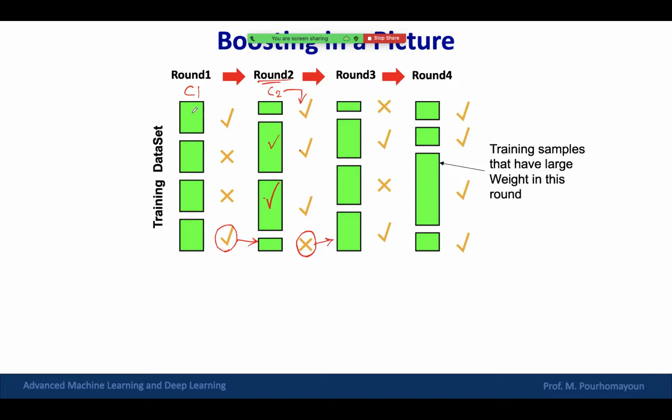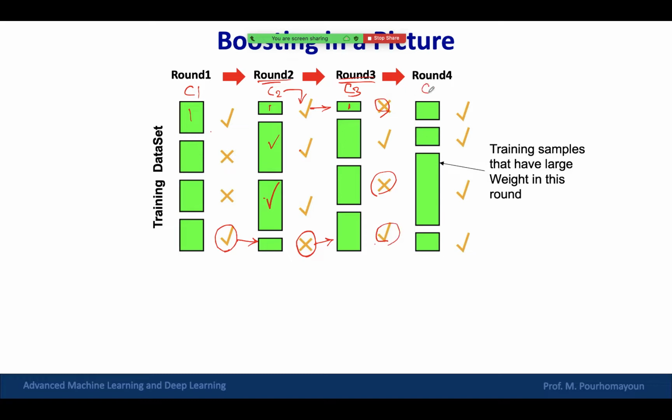The first group, this group, was classified correctly twice. So in the third round, we reduced those samples even more. So the third classifier in the third round didn't learn this first group very well. That is why it misclassified it, but it classified these two correctly. Okay, and we keep doing that.